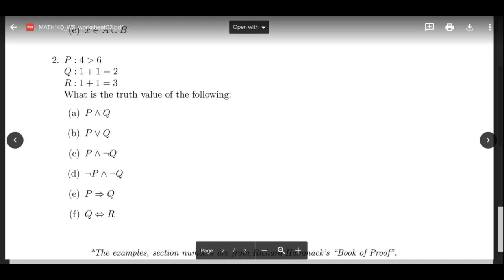So we just ignore the condition. With the condition, it's true. Without the condition, it's true, so the if-then is also true. It just ignores the condition.